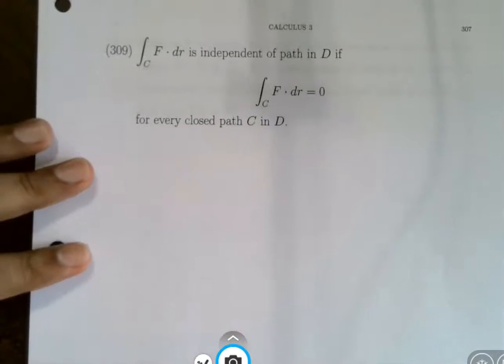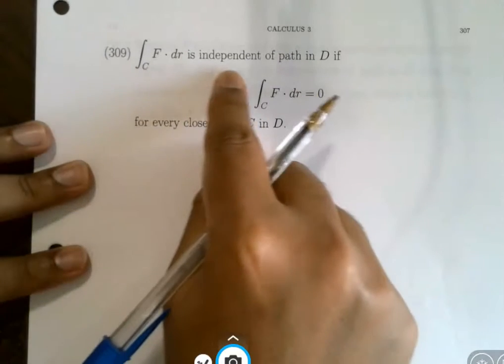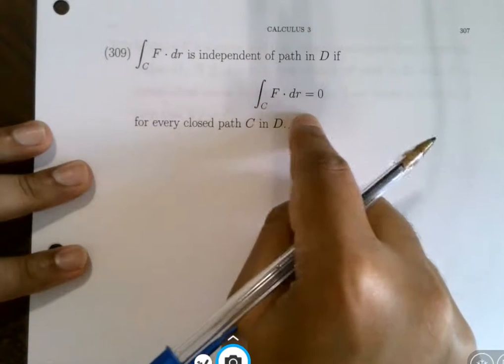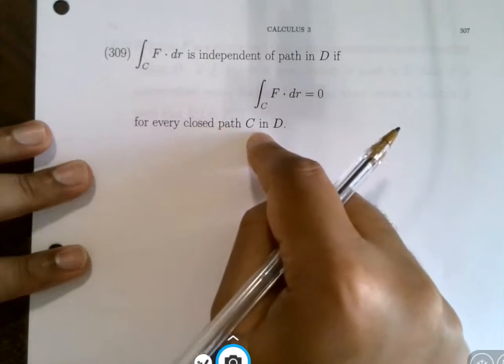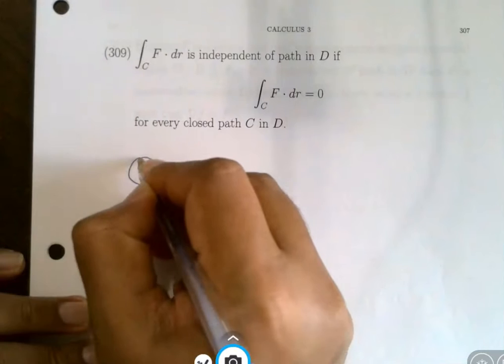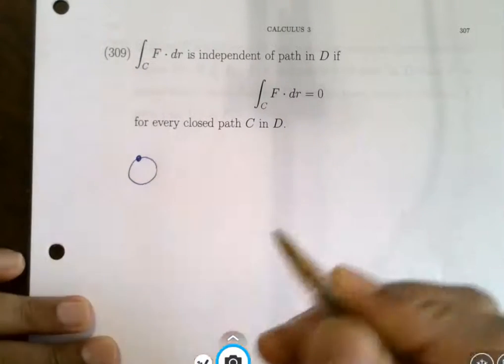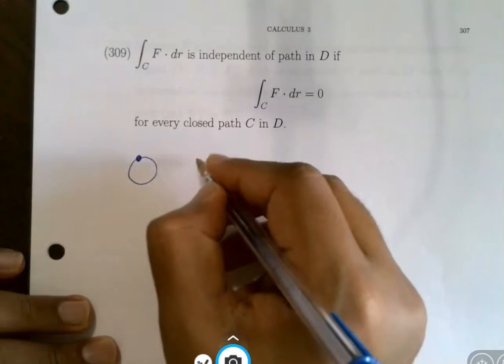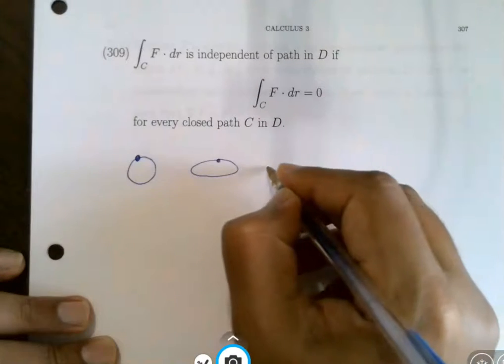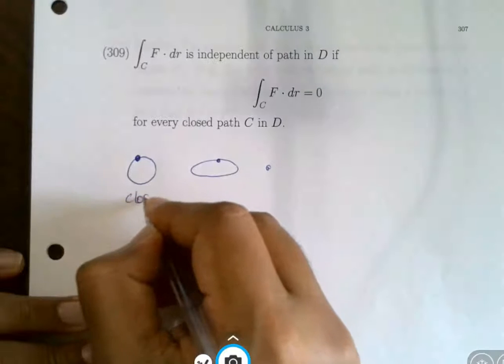Now, the line integral of F dot dr is independent of path in D if this is equal to 0 for every closed path C in D. So what does that mean? Closed path means this is closed. That means the terminal point and the initial point are the same. This is closed.